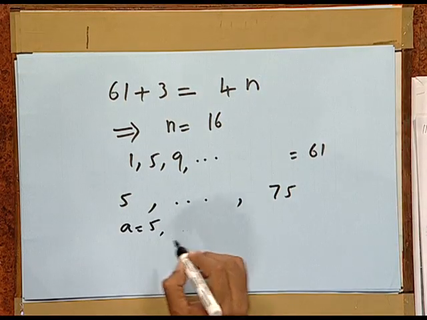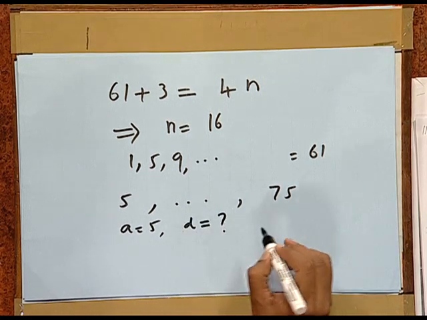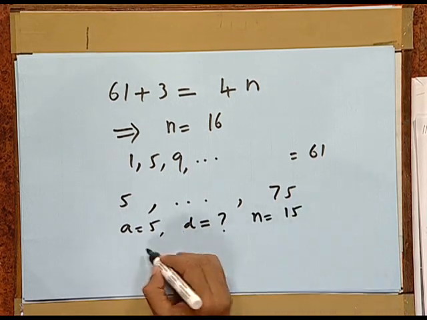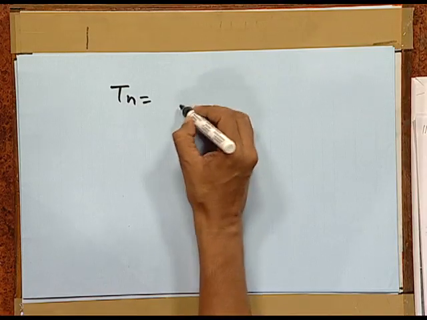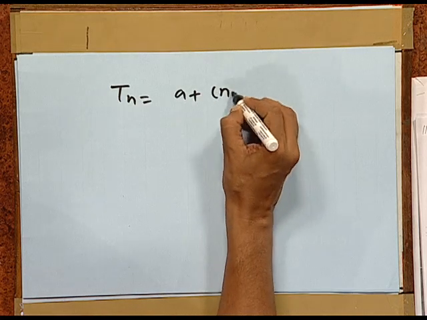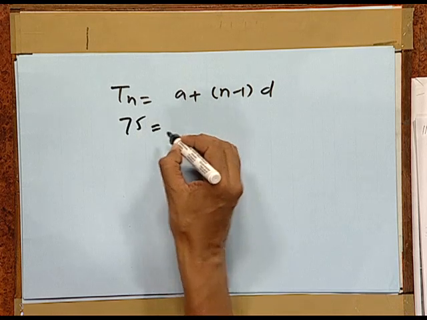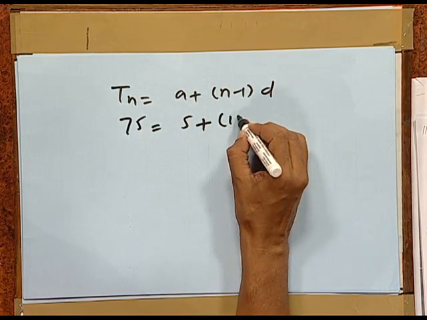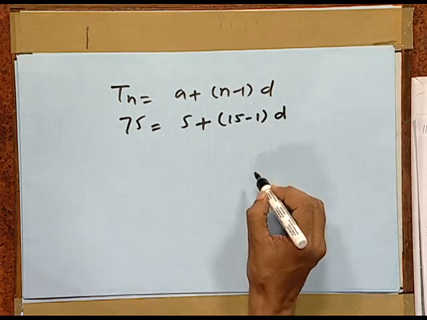Here a is 5, d is not known to us, n is known to us, that is 15, and also Tn is known to us as 75. We can solve this as Tn is a plus (n minus 1) d. So, Tn is 75, a is 5, n is 15, d is unknown.